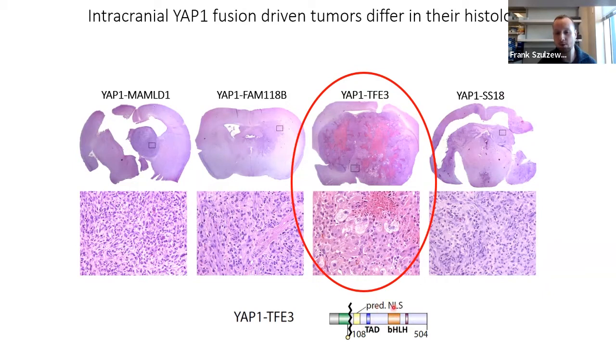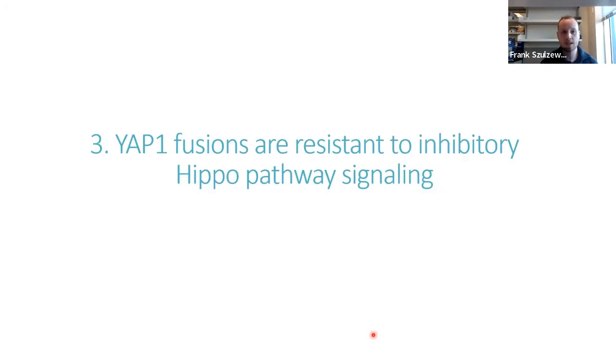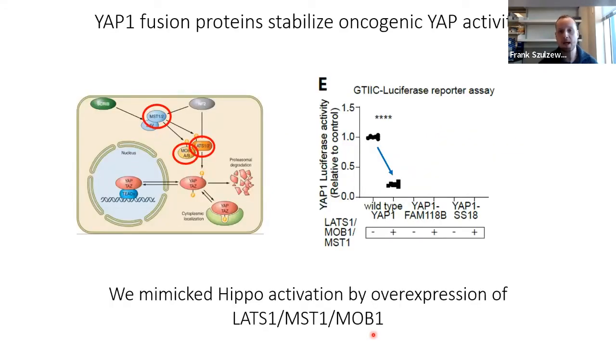And right now we're collaborating with the lab of Munitanas to look at how these different domains in the TFE3 sequence in YAP1 TFE3 contribute to these functions and also the morphology of these tumors that we generate.